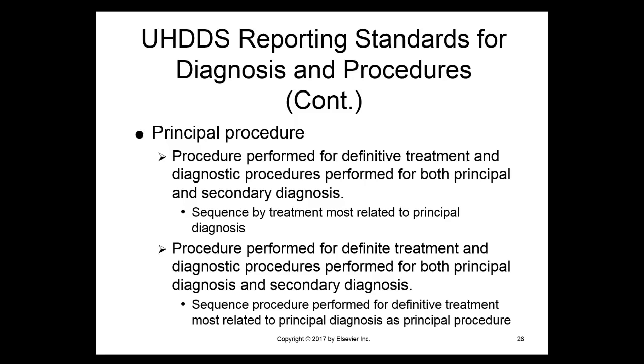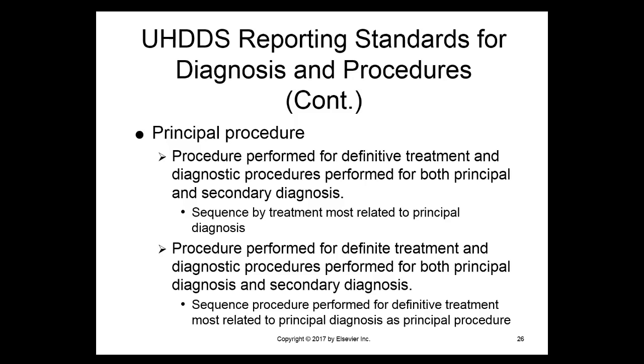A secondary diagnosis was pneumonia, and a procedure performed for that was the tracheostomy. So in that example, we're sequencing the coronary bypass graft first because it's a definitive procedure that's related to the principal diagnosis.